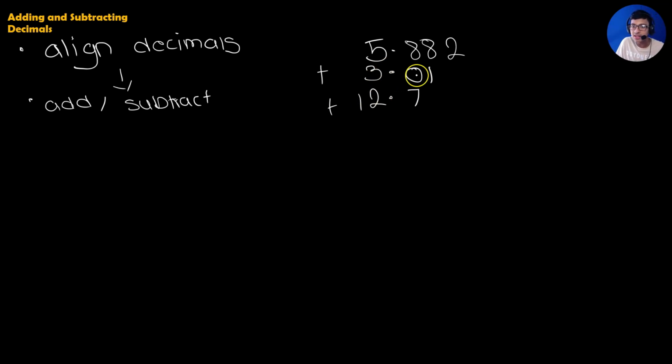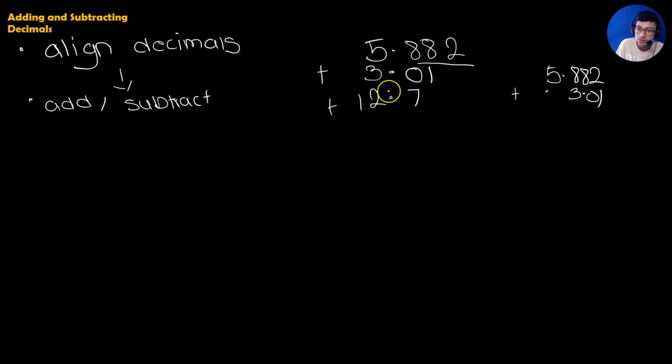See here, friends, that even though there are so many numbers at the end of our first number, 5.882, I didn't just simply line up 3.01 beside it, because if I did that, the decimals aren't aligned, so we can't add in this instance, because we will get the wrong number.